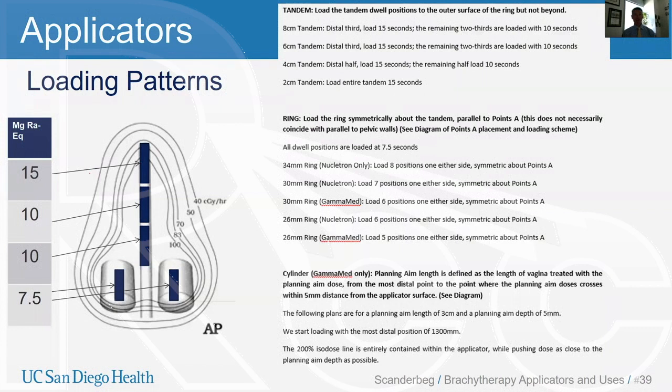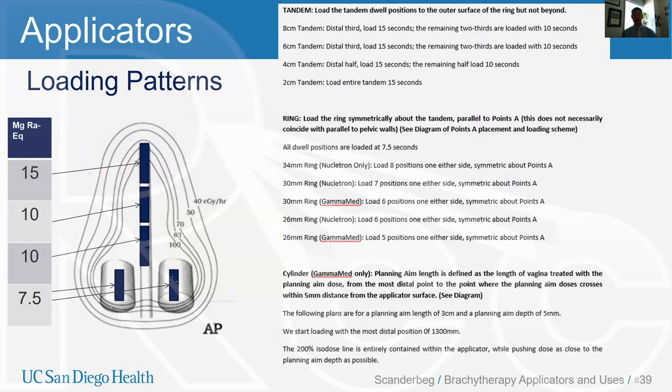For the tandem, when we have a tandem length of 6 cm or greater, we'll start with 15 seconds for all dwell positions in the distal third of the tandem, then 10 seconds for the remaining two-thirds. For a 4 cm length, we'll load the distal half with active dwell positions of 15 seconds and the other half at 10. If the tandem is really short, about 2 centimeters, then all dwell positions will have a 15-second dwell time. These will later be normalized to the reference point.